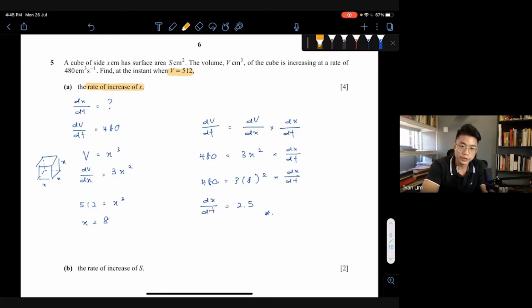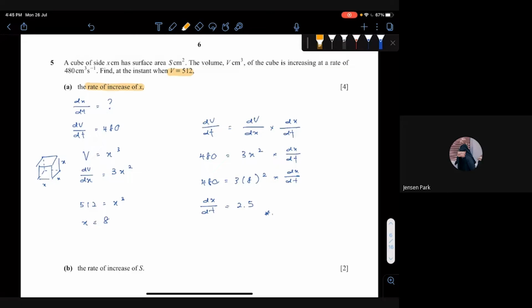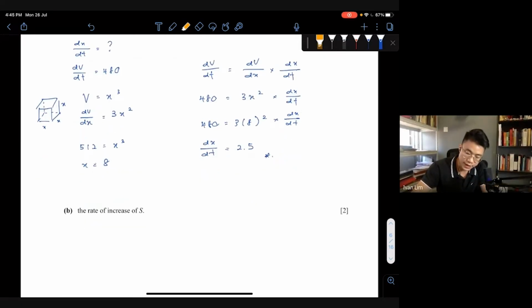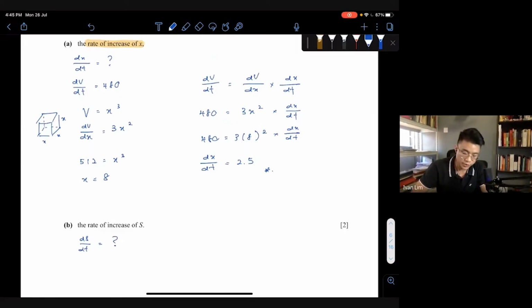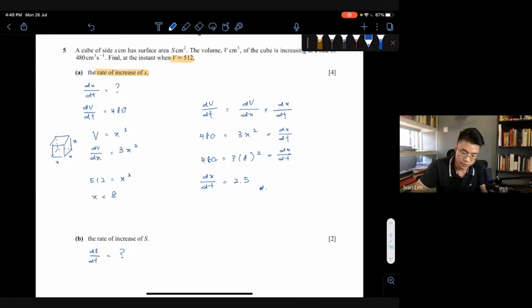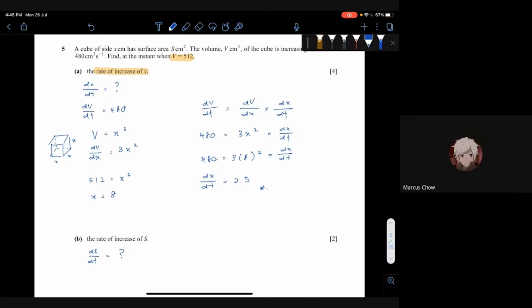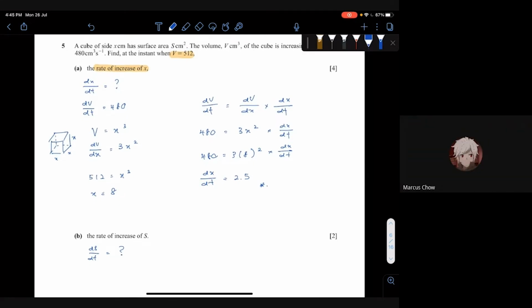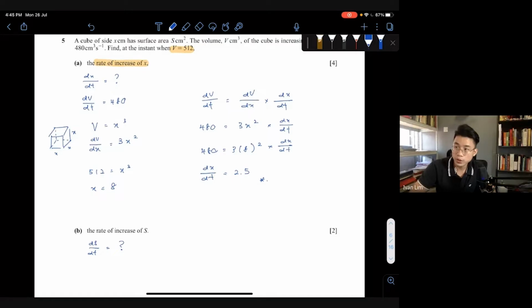The next one, the rate of increase of s, ds over dt. So we want to find ds over dt right now. S represents what? Surface area. What do we know about surface area? S is 6x squared.